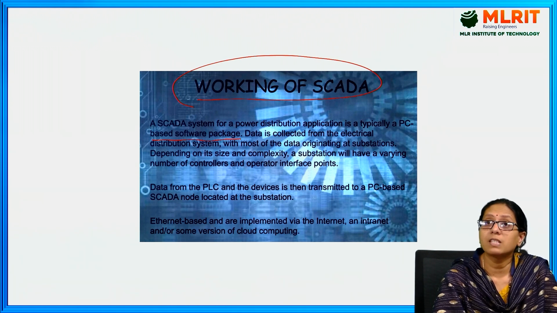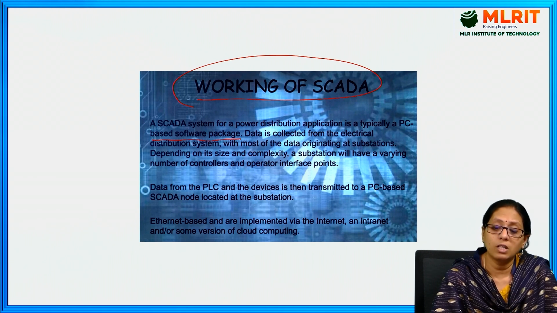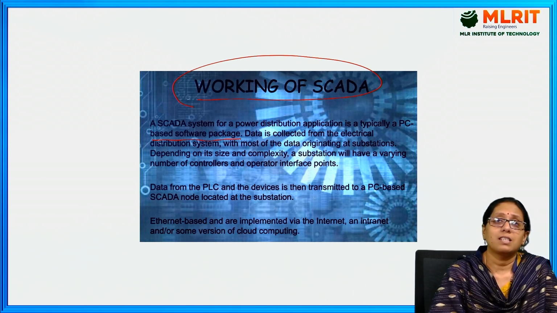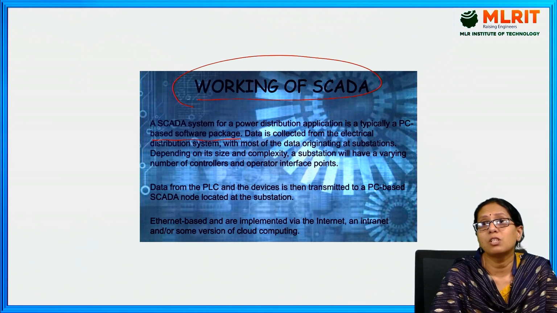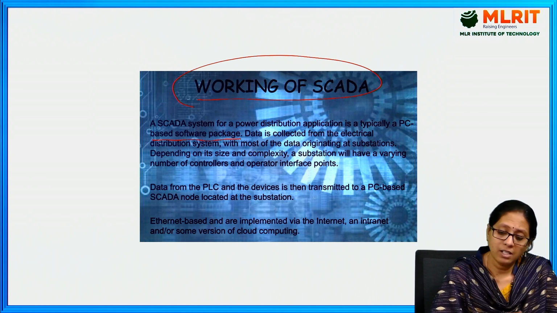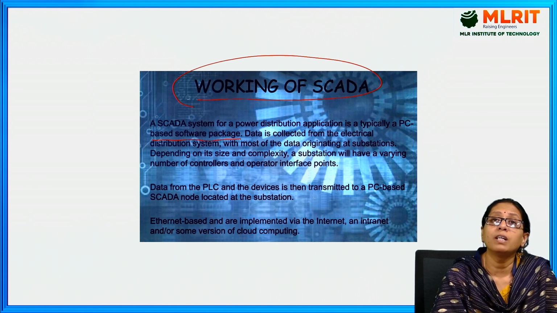From different substations, the power fluctuations or any kind of data, input voltage, input power, the rating, all this data is taken from the substations. Depending on the size as well as the complexity, the substation will have a varying number of controllers as well as operators interfacing at different points.